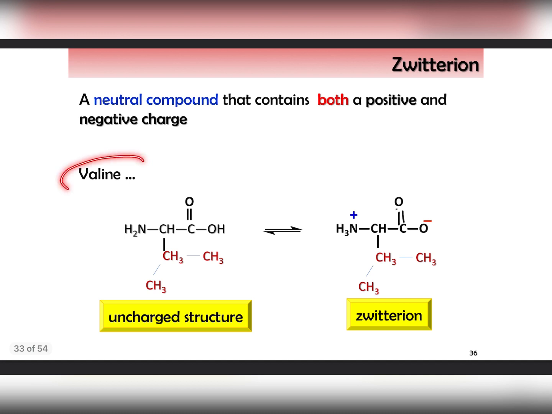Let's have a look at valine. So untuk ini, this part COOH akan jadi COO minus, and then dekat bahagian amino group dia akan jadi NH3 plus. Bahagian karbon dekat tengah tu, betulkan tulis CH sahaja.